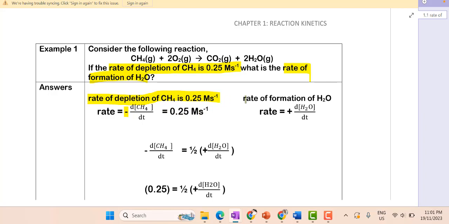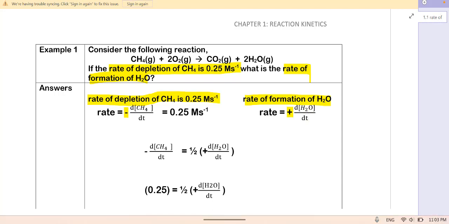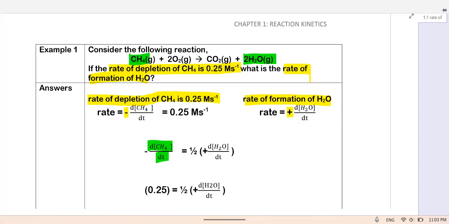The question asks you to calculate the rate of formation of water. Rate of formation means positive because it is forming, change in concentration of water over time. According to the question, you only need to connect CH4 and water. According to the equation, negative d[CH4]/dt is equal to positive 1/2, because here we have 2, 1/2 d[H2O]/dt.